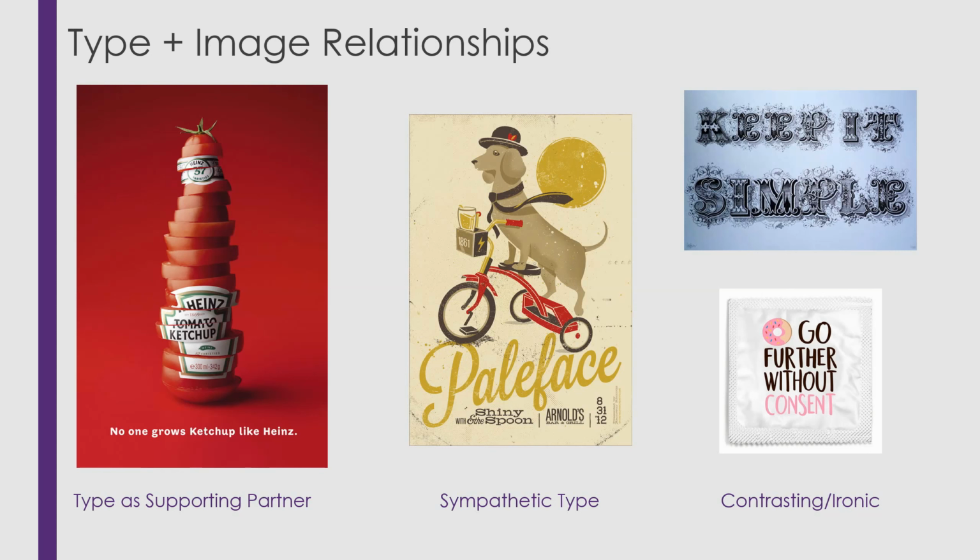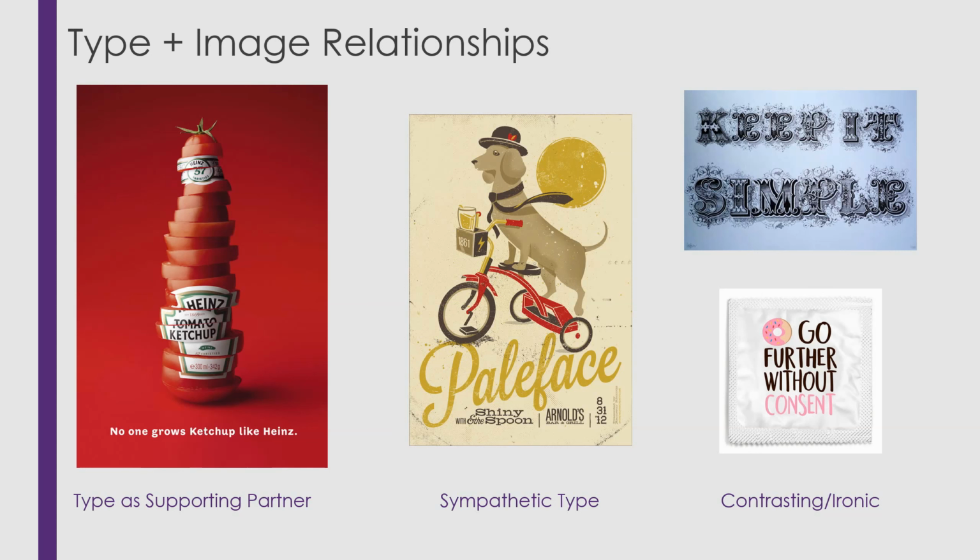The next, or the center ad, or poster, in this composition there's a big visual and there is some type. I would still call this an image-driven poster, since the dog on the tricycle is clearly the focal point. It has the most detail and color. It's in the center of the page. It's very large. The cursive type underneath it that says Paleface would be considered sympathetic type.